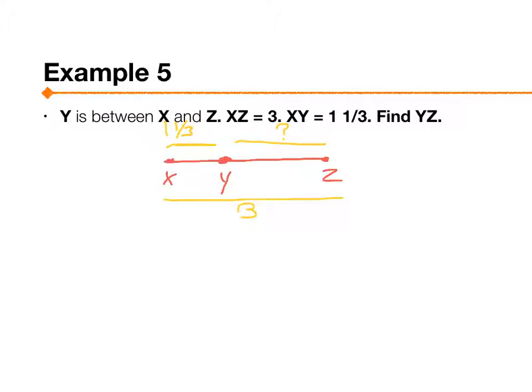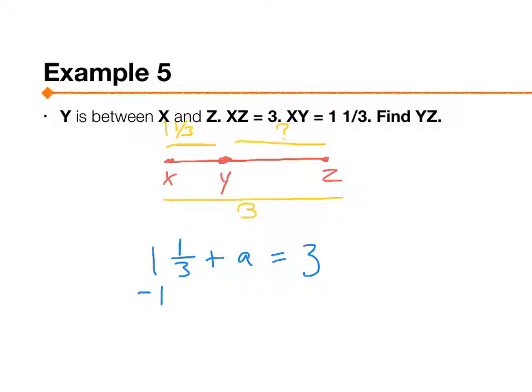So we know we can add 1/3 plus yz, which would give us 3. So we can do 1/3 plus, we could put yz, or we could put x. We can put something that we know that's what we're looking for. So I'm going to put a, just because I know that's the number that I'm trying to find, is equal to the whole thing, which is 3.